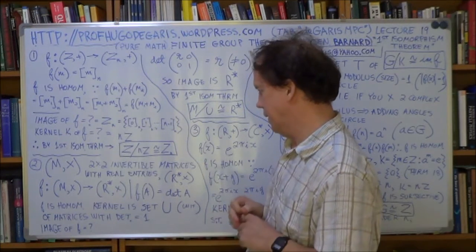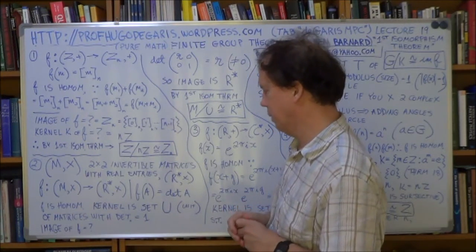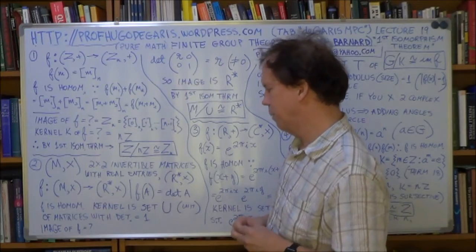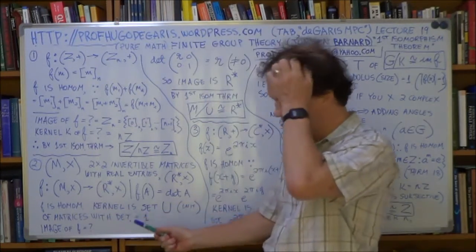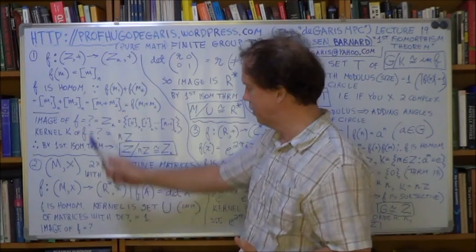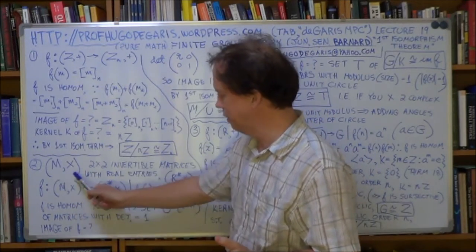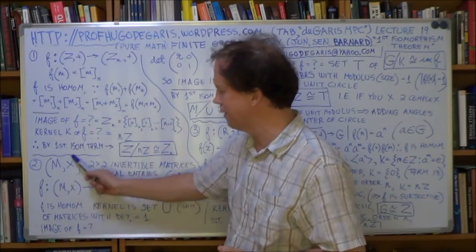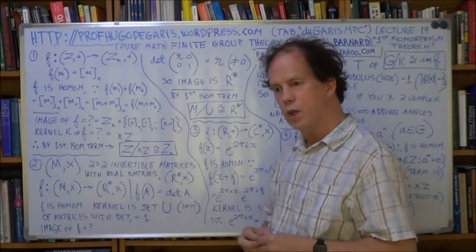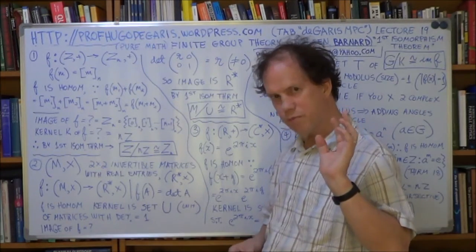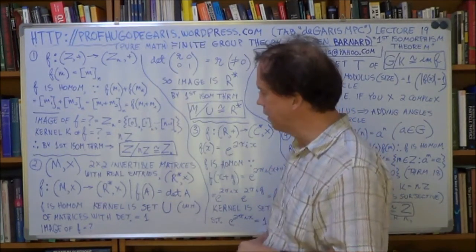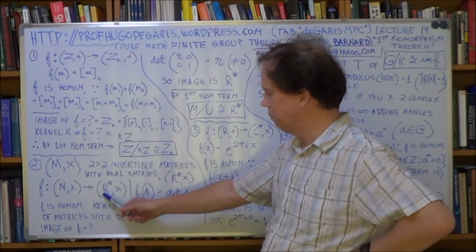So what is the kernel? Now remember what the kernel is again? It's the subset of your original group G, so it would be a subset of these matrices, all of which map to the unit of your target group.